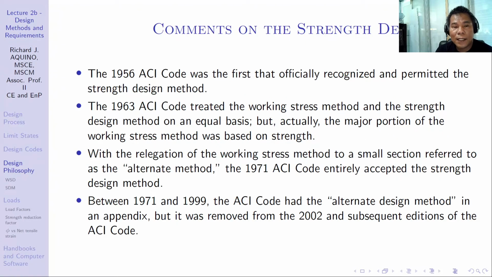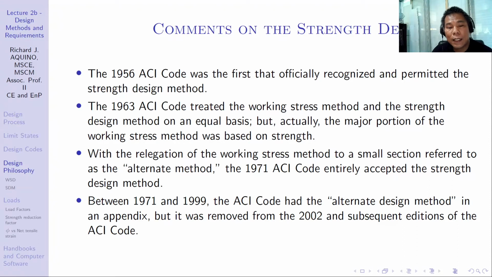For the strength design, in 1956, the ACI code was the first that officially recognized and permitted the strength design method. And in 1963, the ACI code treated the working stress method and the strength design method on an equal basis. But actually, the major portion of the code was based on strength.